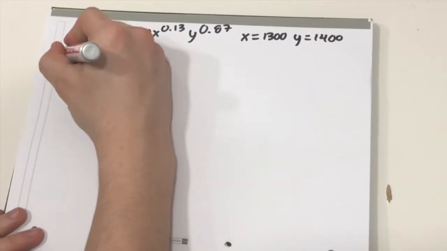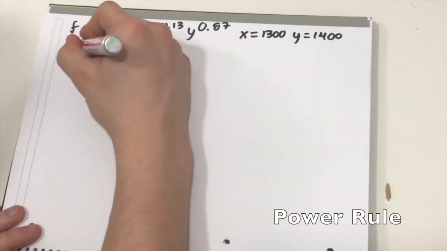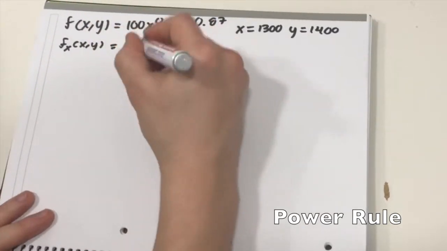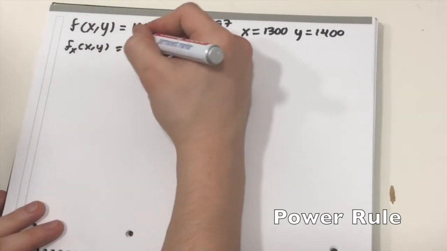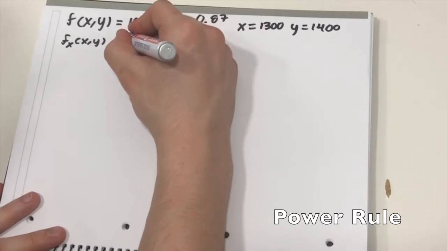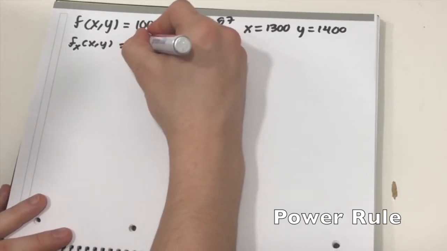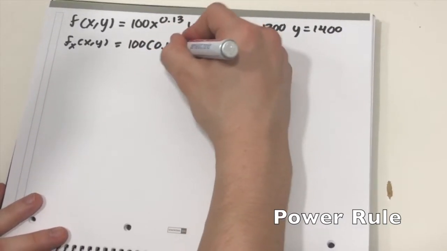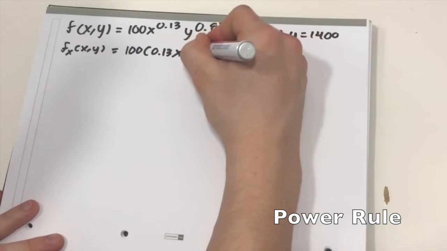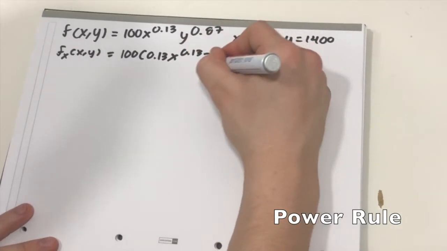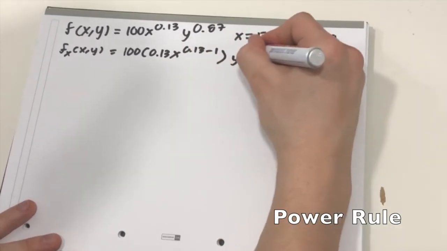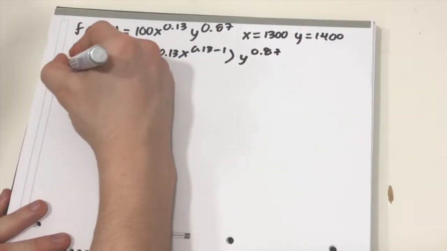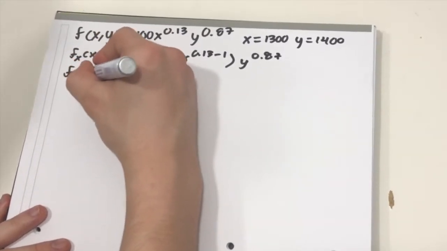To derive partially, what we need to do is first apply the power rule. The power rule means subtracting 1 from the exponent and then bringing down the exponent to the coefficient and then multiplying. So we copy the function and derive partially, which is 100, we open parentheses, 0.13, which is the exponent brought down to the coefficient, times x to the power of 0.13 minus 1, we close parentheses, times y to the power of 0.87.